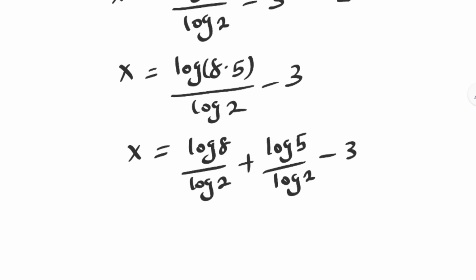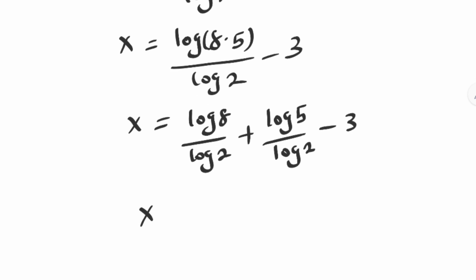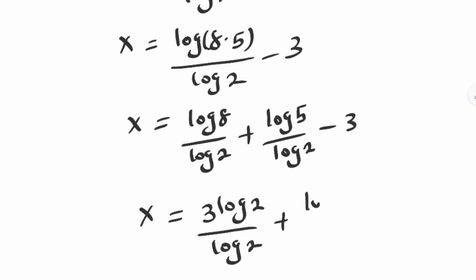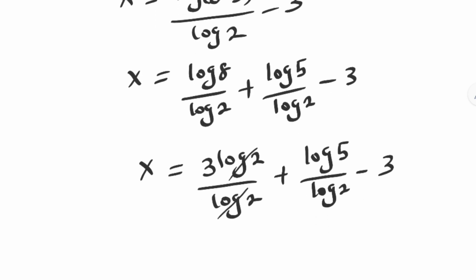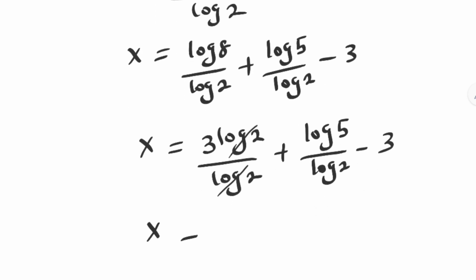Then log 8 is the same thing as 3 log 2, so we have x is equal to 3 log 2 over log 2 plus log 5 over log 2 minus 3. This log 2 cancels this log 2. x is equal to 3 plus log 5 over log 2 minus 3.